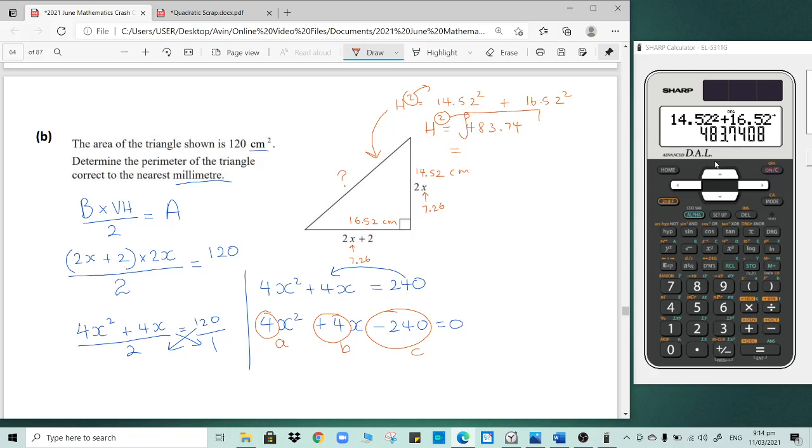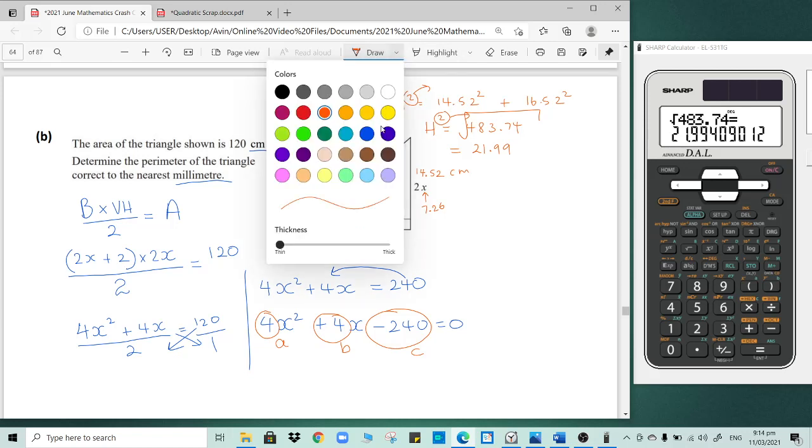So we're going to square root 483.74, and we get 21.99. So the length of this side here is 21.99.